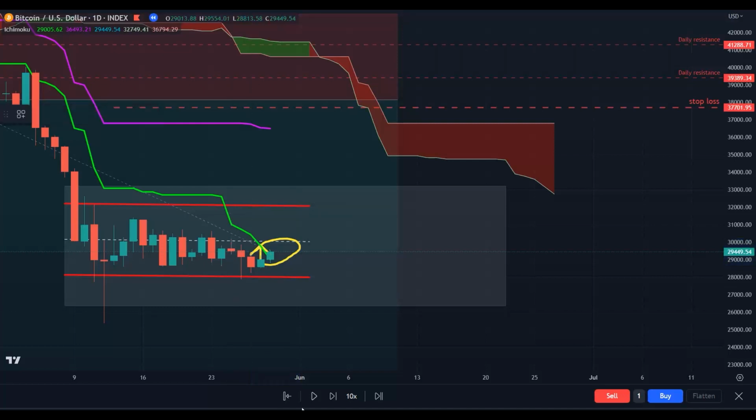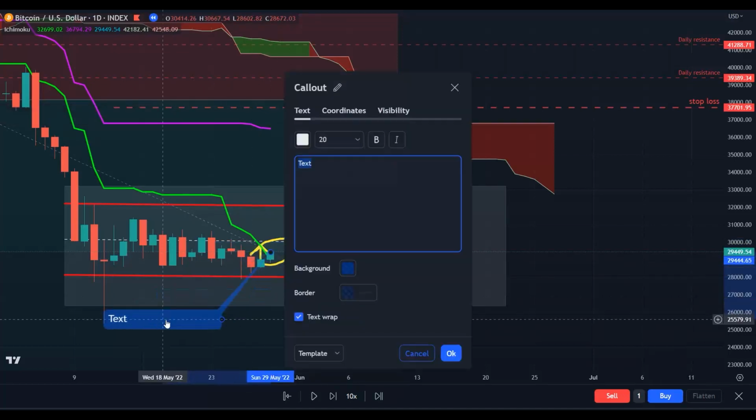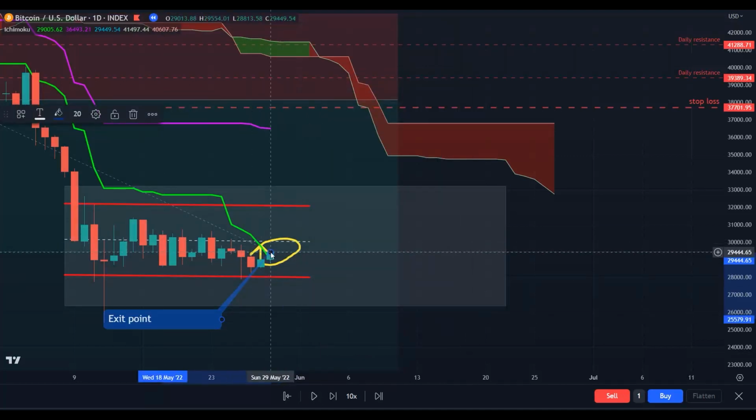As a beginner trader, 100% this is your exit point. Why? Because you had a candle close above the Tenkan-sen while the Kijun-sen was flat. So exit point as a beginner trader, or you have to take heavy profit, 90%, 80% take profit.